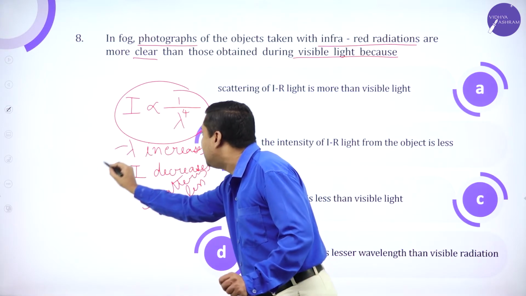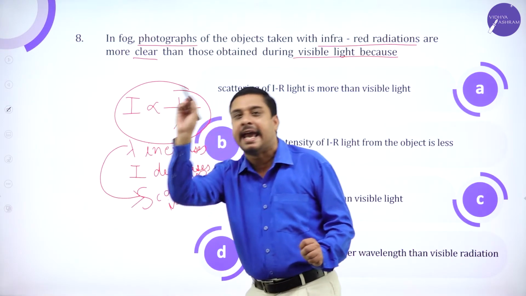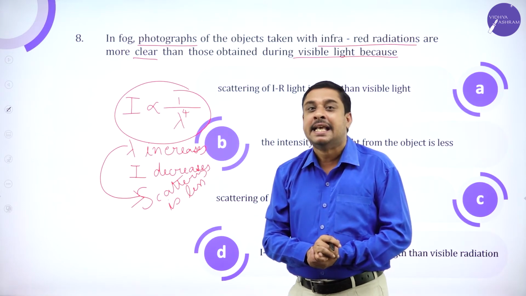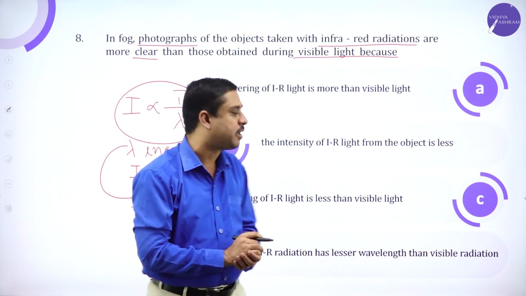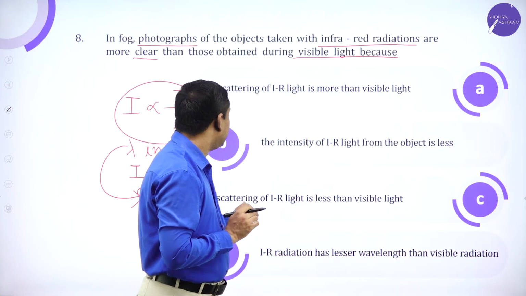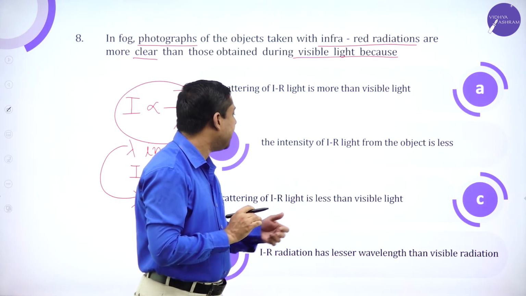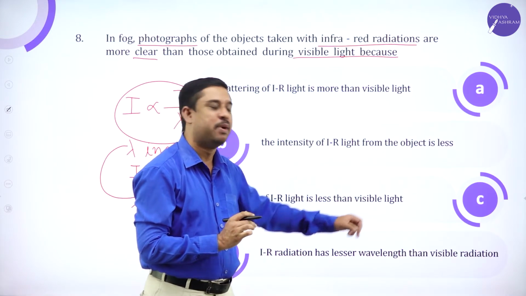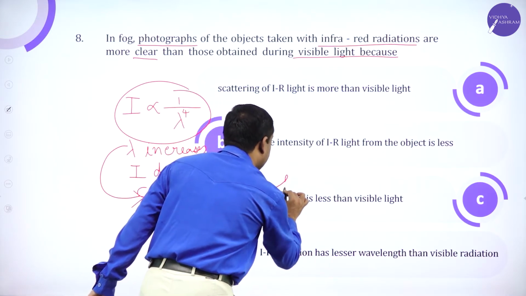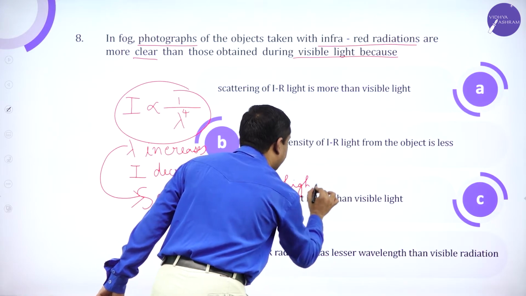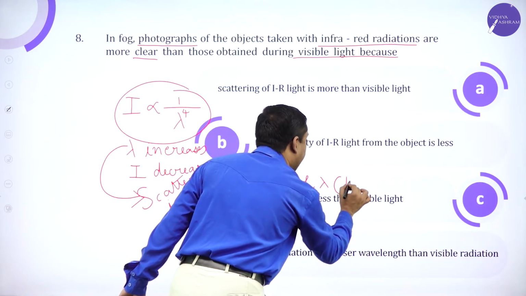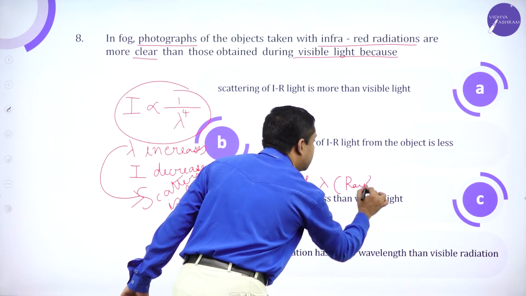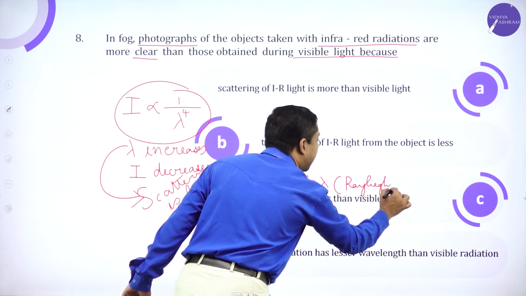So as wavelength increases, the light gets least scattered. The scattering of infrared light is less than visible light because they have high wavelength, as a consequence of Rayleigh's law.